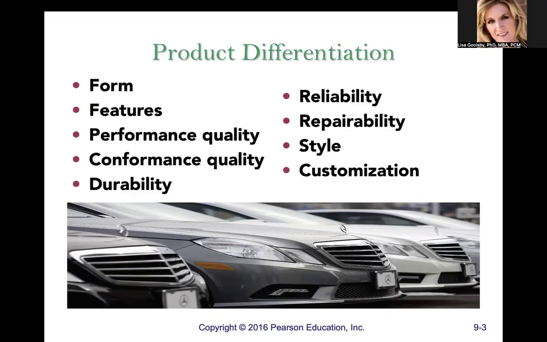They can be differentiated based on their features, their performance quality or their conformance quality, their durability, how reliable they are, if they can be repaired, the style of them, and even customization. That's a really big deal right now, for people to be able to customize things, make it more personal.